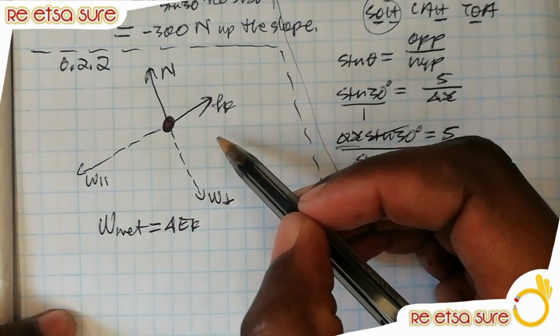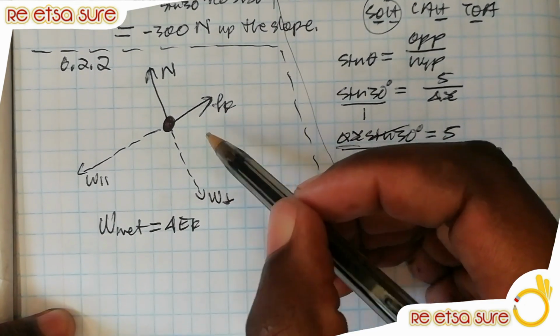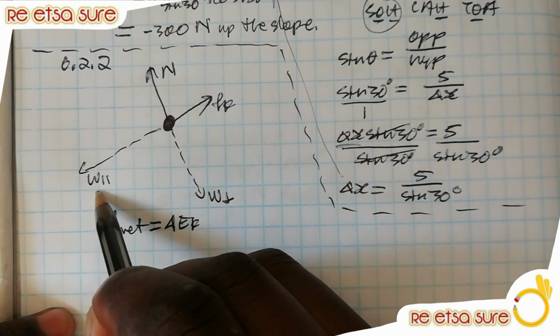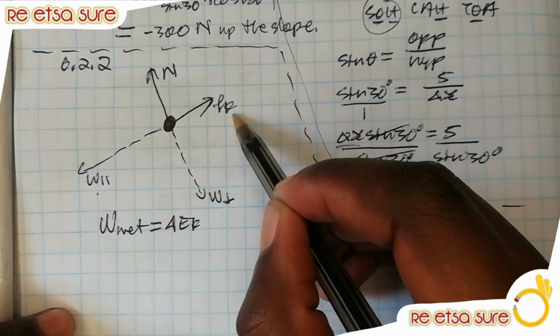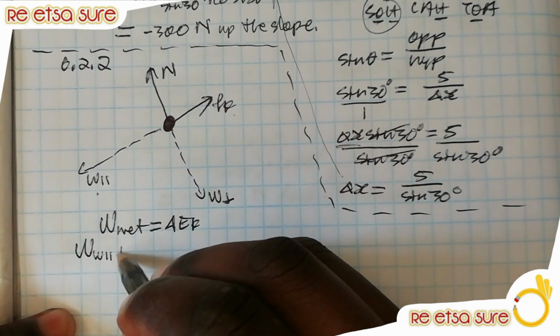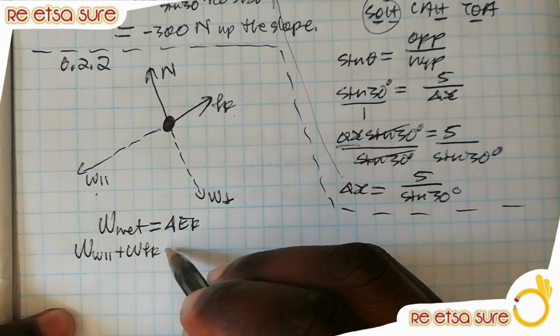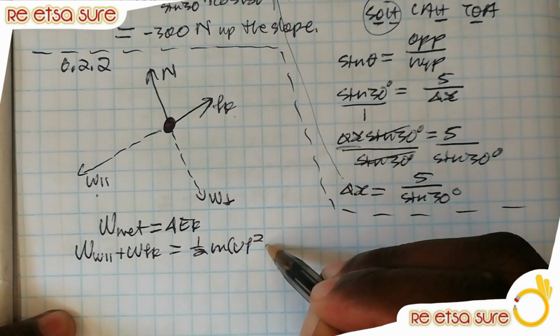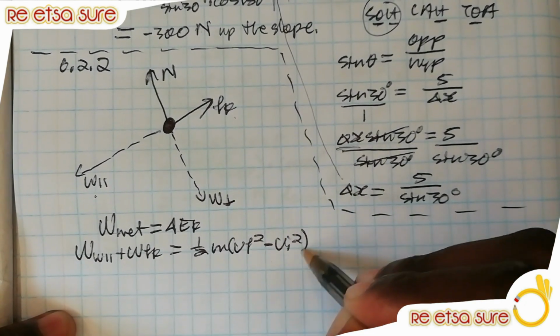It is the forces that lie in the same direction as the displacement of our object, which is weight parallel and frictional force. So we have work done by weight parallel plus work done by frictional force is equal to half m, v final squared minus v initial squared.